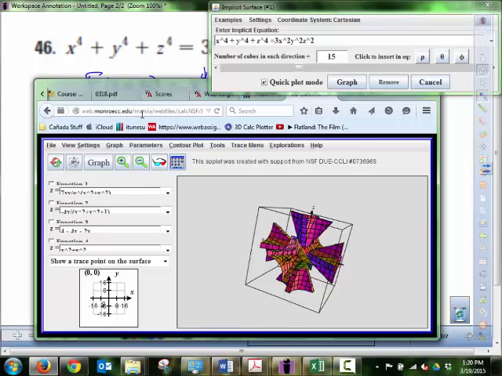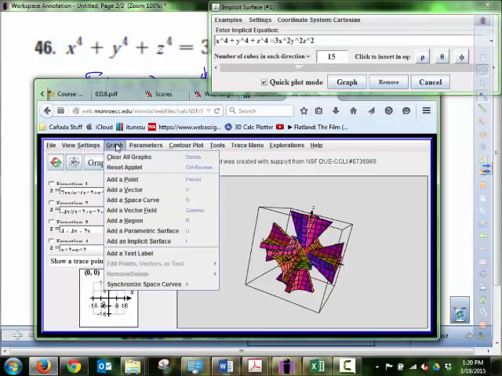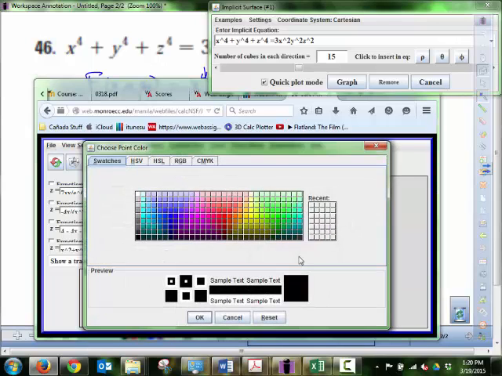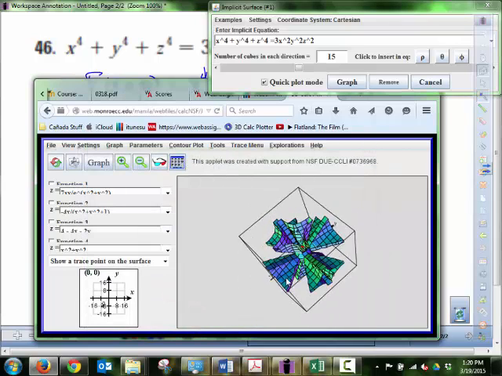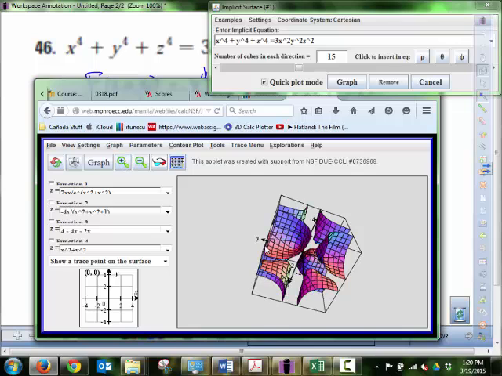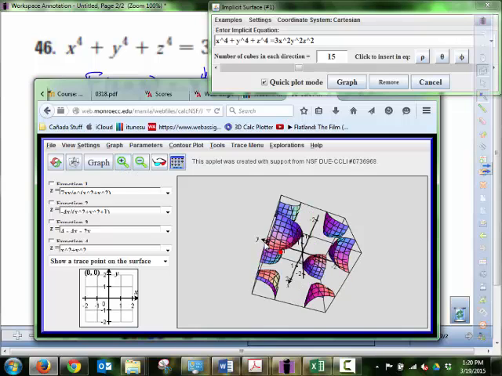Now, I don't know how easy this is going to be to visualize, especially seeing it through the projection. But I can also throw in the point that I'm looking for, and the point is 1, 1, 1. There it goes.